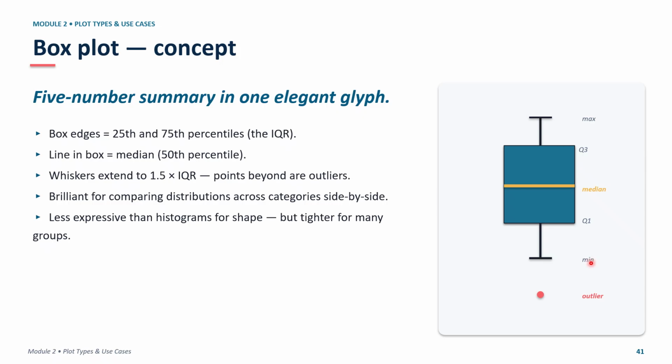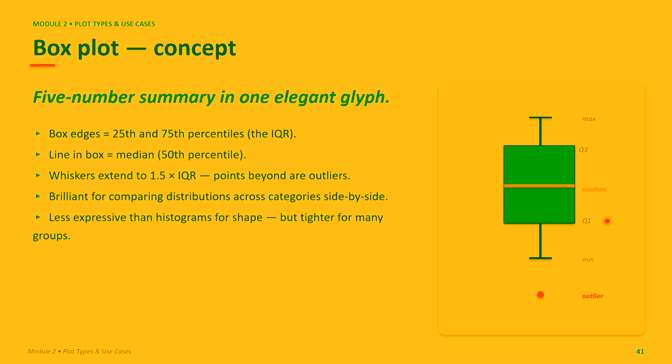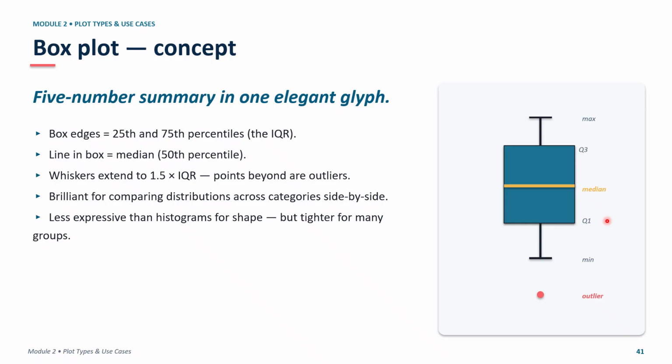The minimum indicates the smallest non-outlier value, and Q1 is quartile one, which covers 25 percent of the values. Median is Q2, which covers 50 percent of the values.